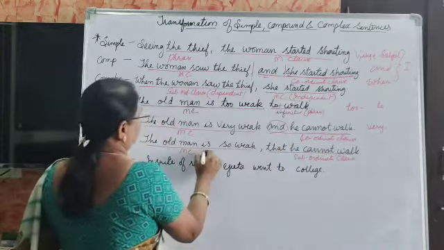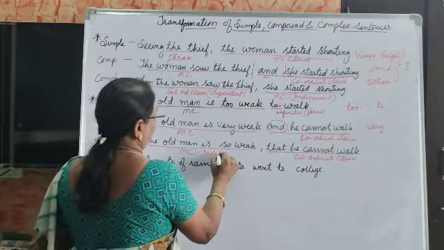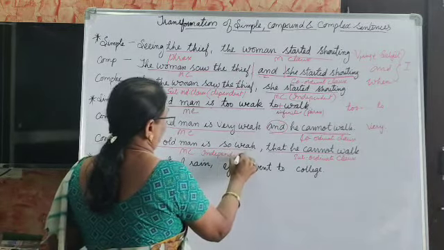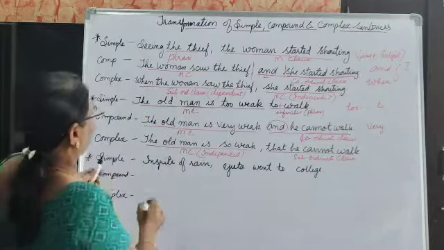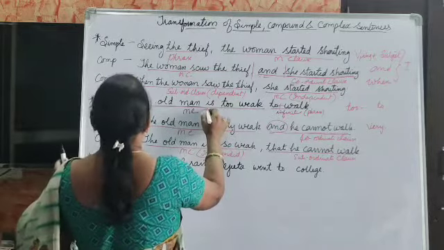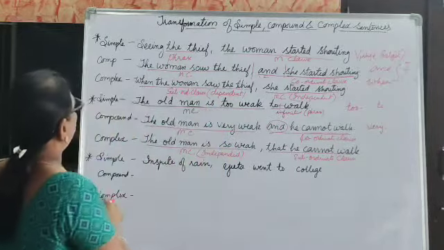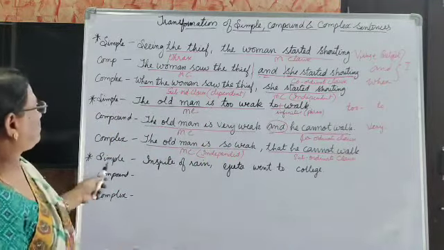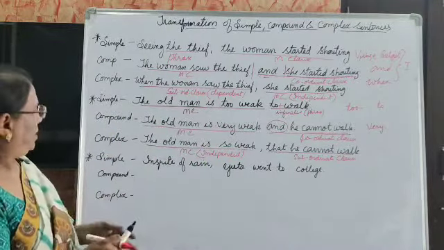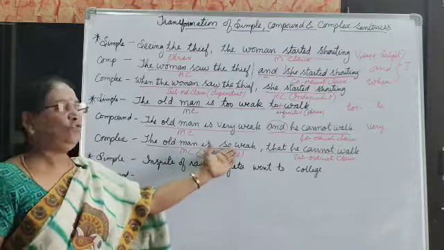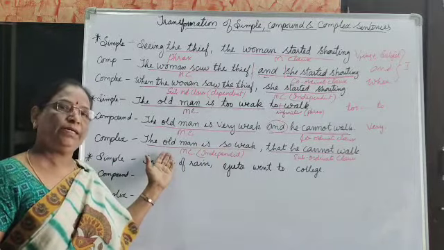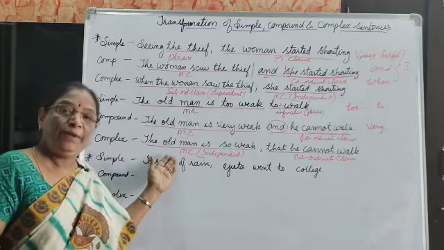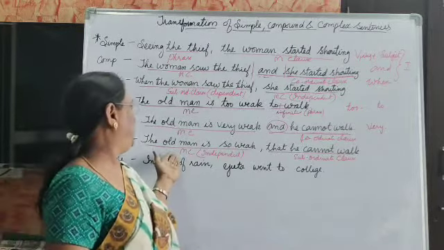This is the main clause, which means this is the independent clause. The old man is so weak, this is independent, so it is not dependent.